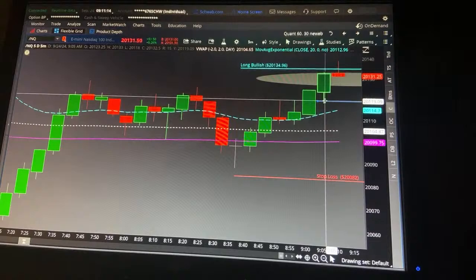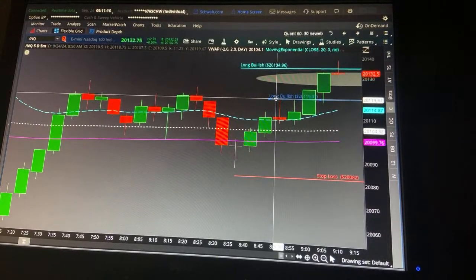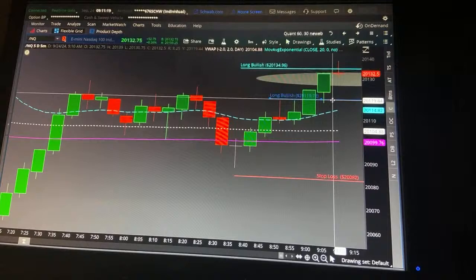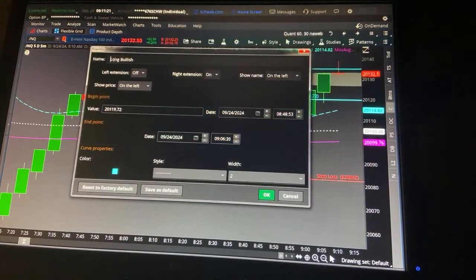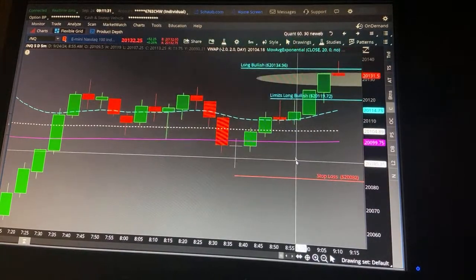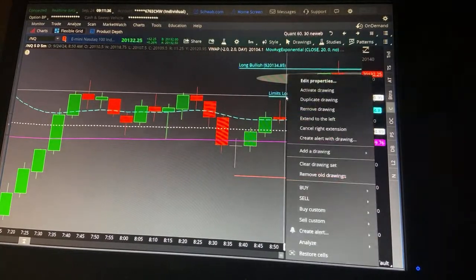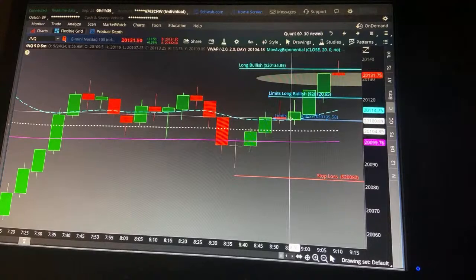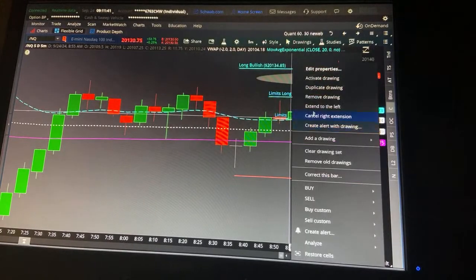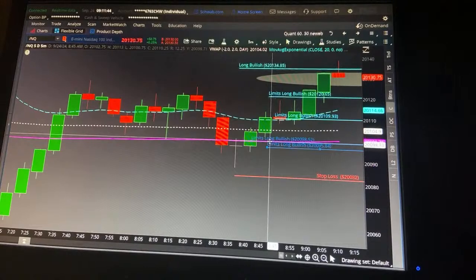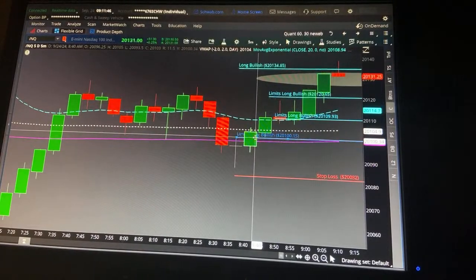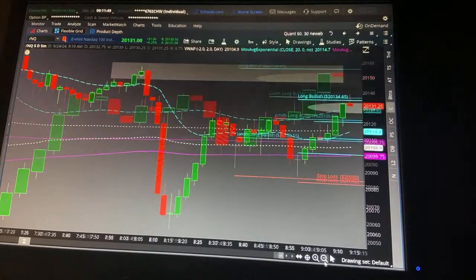Okay, so call it 20,120. Basically 110. The lowest I'd go with would be this right here, 20,100. So every 10. So you could kind of choose your risk there.